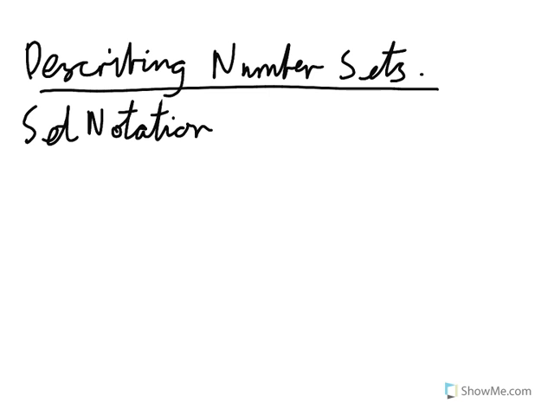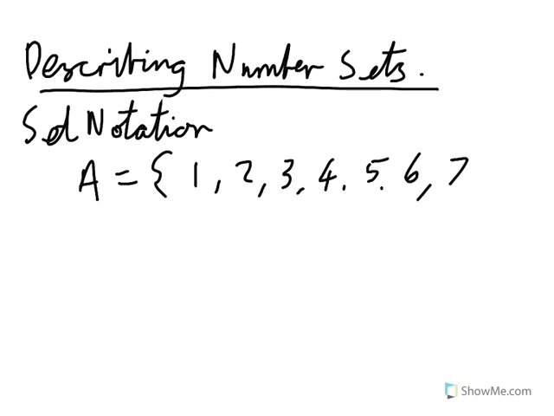I've got a set of numbers called set A, say 1, 2, 3, 4, 5, 6 and 7. For example, that's the set of numbers. So in set notation, I need to somehow describe what that set is.